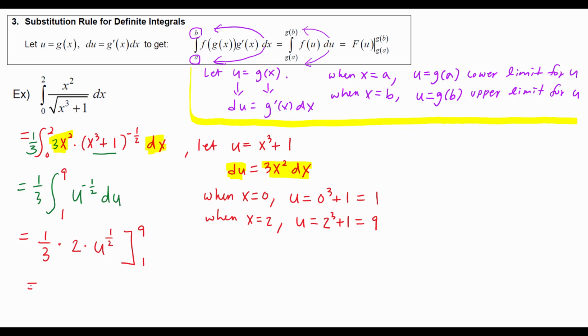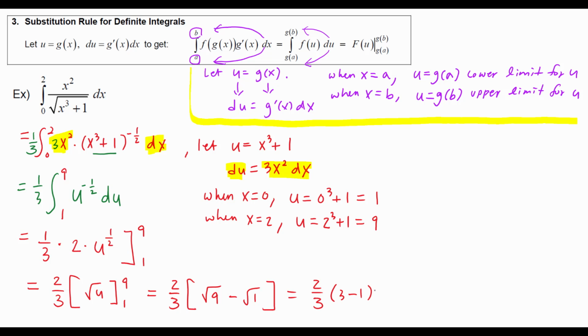So this is equal to 2/3, and u to the 1/2 power is the square root of u. So the square root of u from 1 to 9 gives 2/3 times the square root of 9 minus the square root of 1, which is equal to 2/3 times 3 minus 1. So it is 2/3 times 2, which is 4/3.